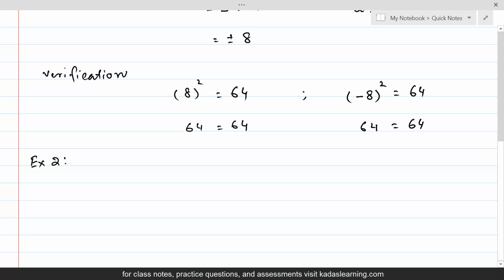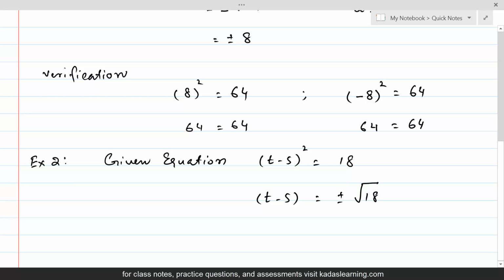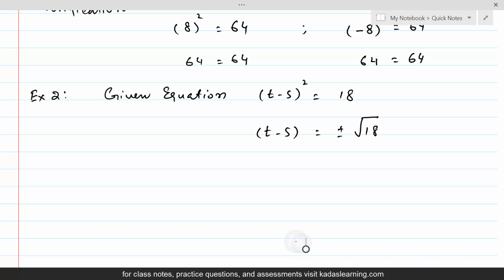In this example the given equation is t minus 5 whole squared is equal to 18. If this is the case, then we can see that t minus 5 is equal to plus minus square root of 18, and we can transfer minus 5 from the left hand side to the right hand side.